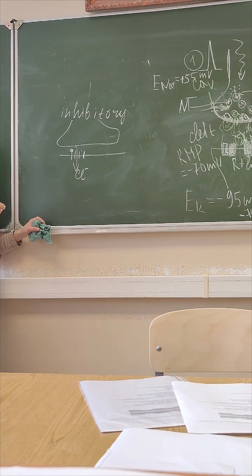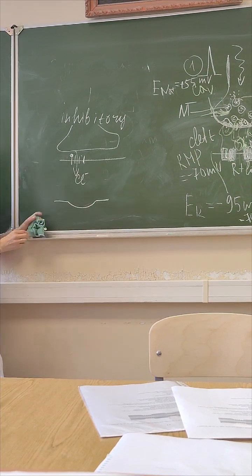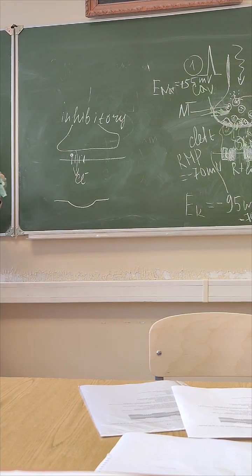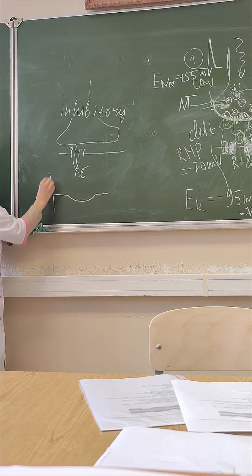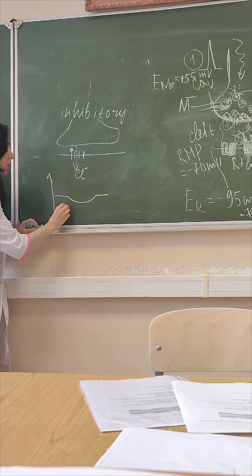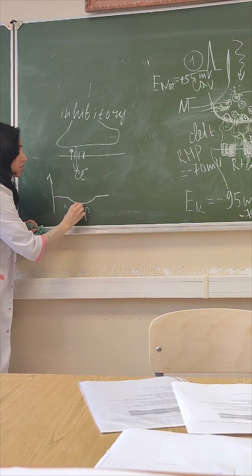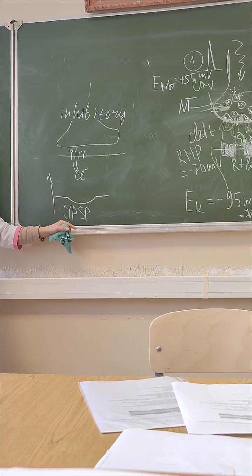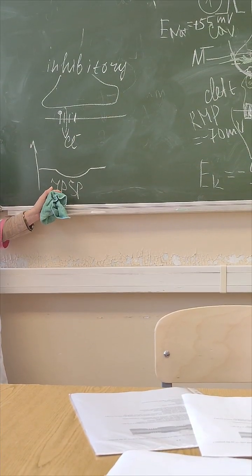It provokes hyperpolarization, not so big because it's near the equilibrium potential, resting membrane potential, but anyway we have hyperpolarization. It's called IPSP, inhibitory postsynaptic potential. EPSP, excitatory; IPSP, inhibitory. Easy.